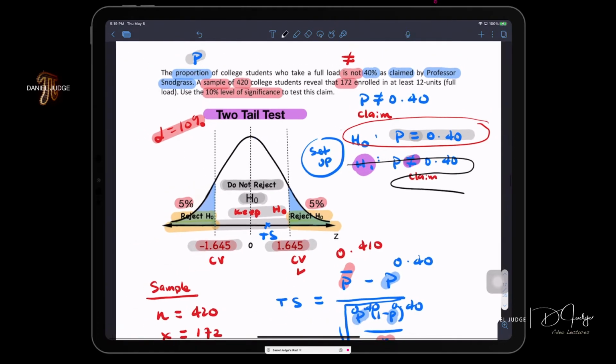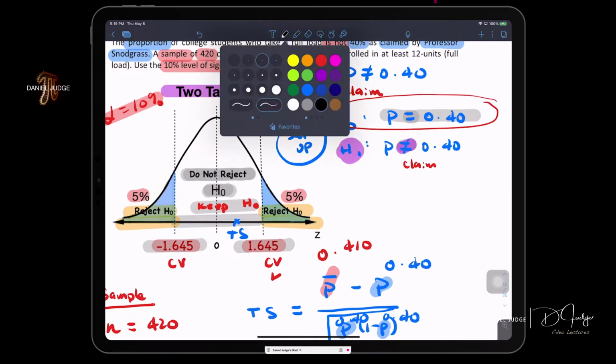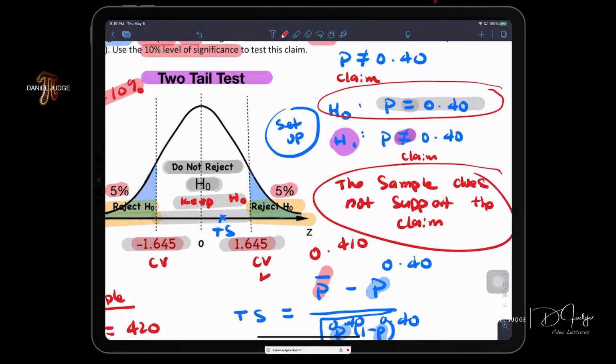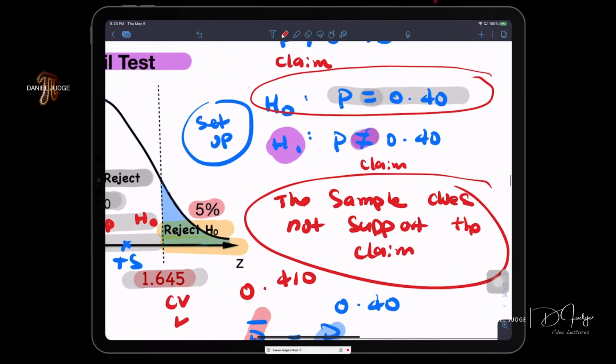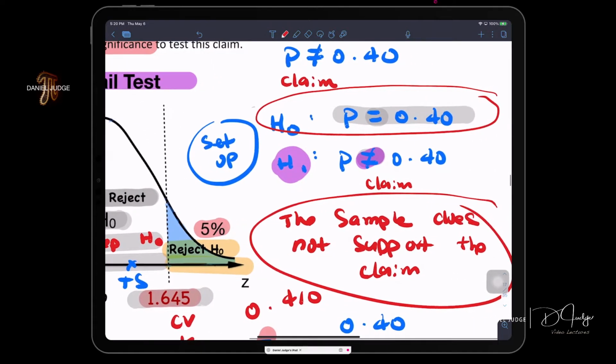And so what this conclusion really is, here's the final thing that we want to know. Here's the conclusion: that the sample does not support the claim. So your sample is not supporting the claim, ladies and gentlemen, because you kept the null.